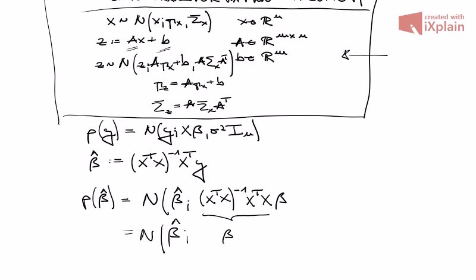What is this beta? Well, this is the true but unknown value, right? So think again in terms of the virtual simulation. You can only simulate this if you fix some true but unknown value for beta and sigma squared.